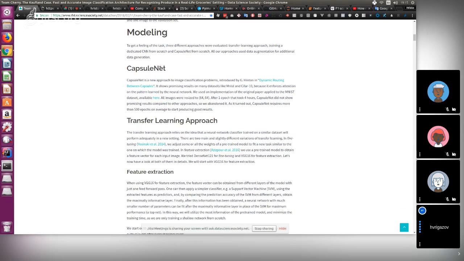So we also asked different people what they think about this, and most of the opinions that we heard was that Capsule Net actually requires a lot more epochs to start getting reasonable results. So at this point we decided that Capsule Net is probably not going to be our final model.